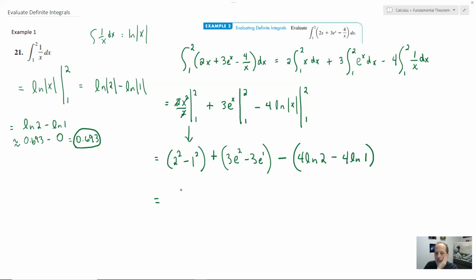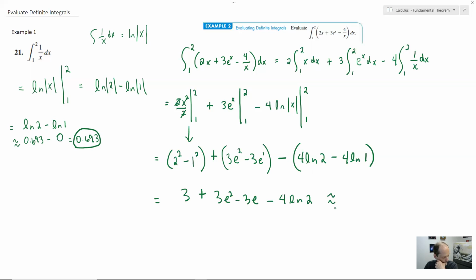Okay, so 4 minus 1 is going to be 3. Plus 3e squared minus 3e. And since that's just 0, this will just be minus 4 ln of 2.